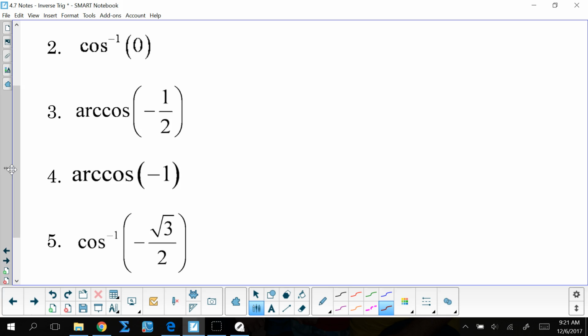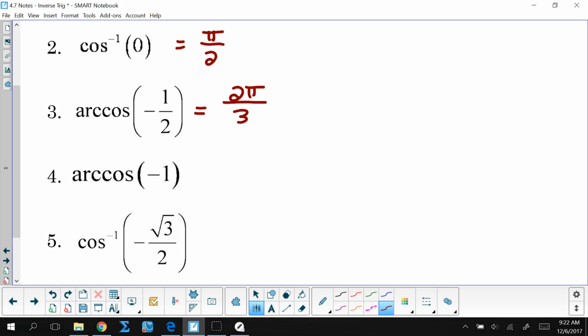Pi over 2. Top half, where is the cosine equal to negative 1/2? 2 pi over 3. So the arc cosine of negative 1/2 is 2 pi over 3.